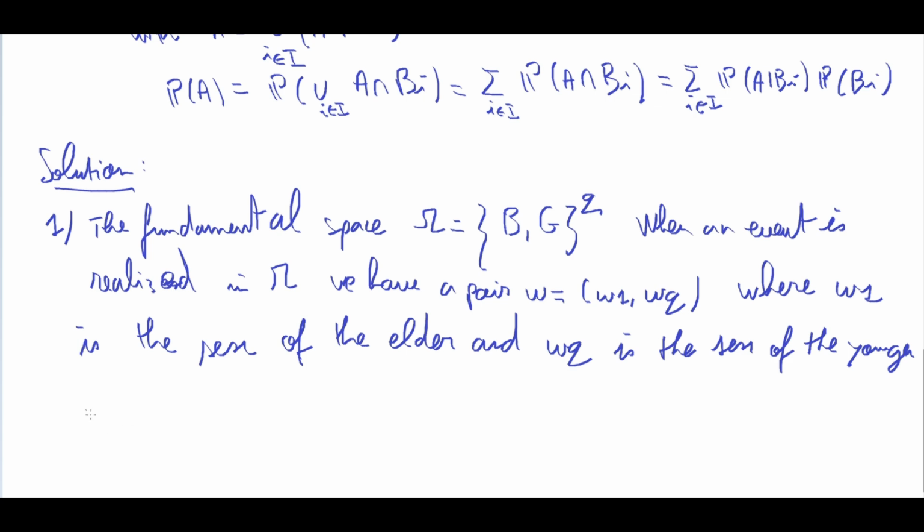So we have omega 1 and omega 2 each being boy or girl.